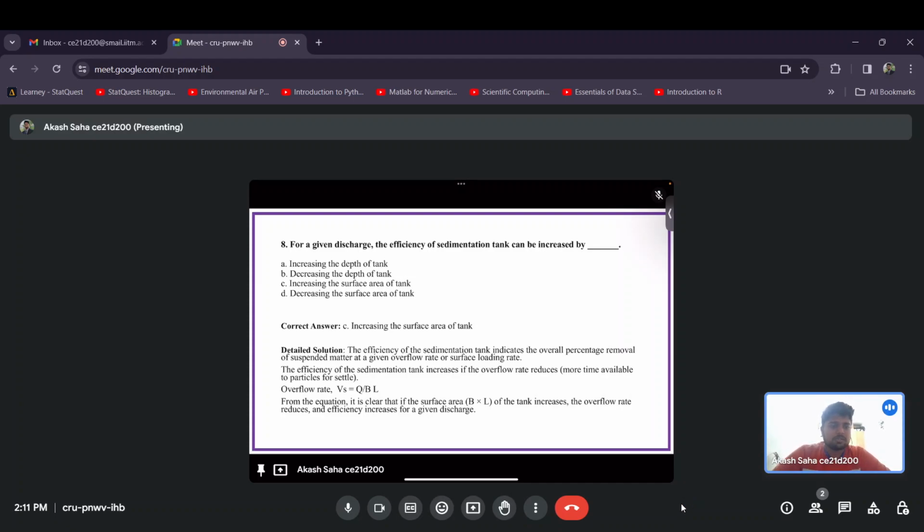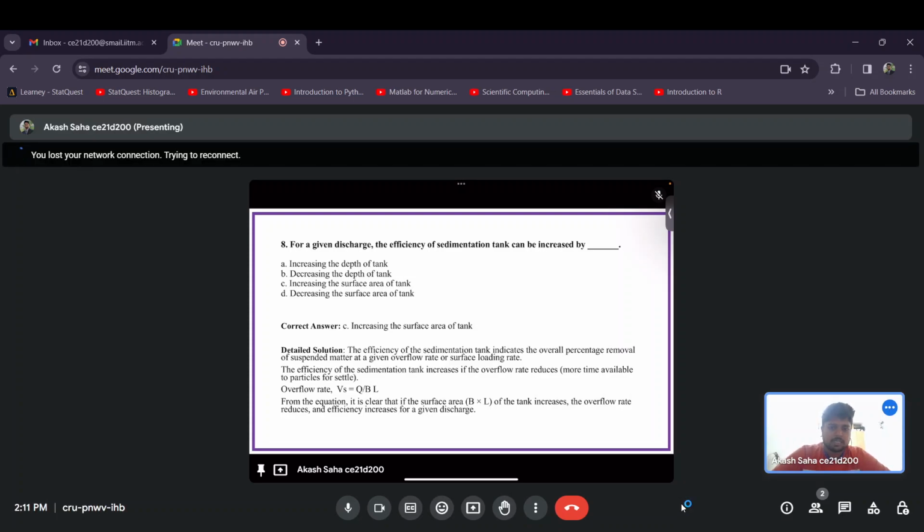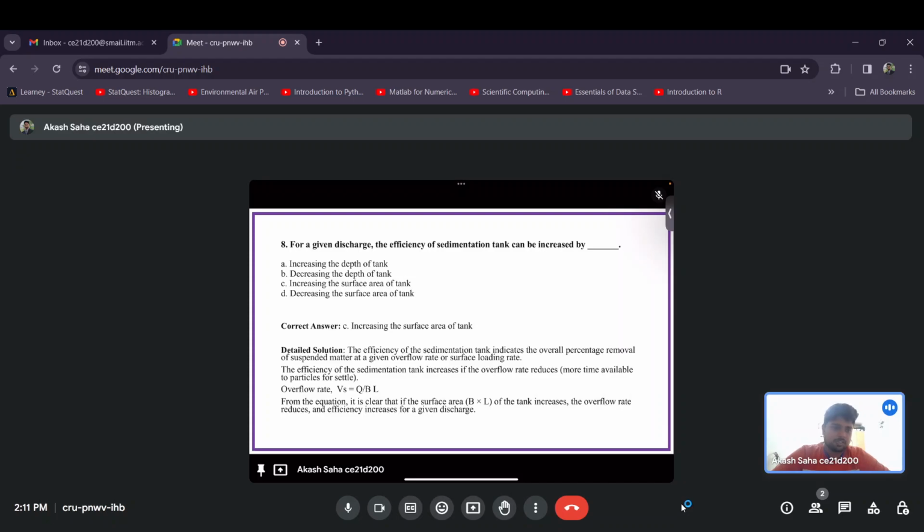So to give more time to my particles to settle, my overflow rate should decrease. Now the overflow rate, as we have solved in previous problems, is given as discharge by surface area. So if the overflow rate has to decrease, the denominator has to increase, that is, the surface area, B into L, has to increase. So as per the options, increasing the surface area of the tank will help in achieving more efficiency by achieving a reduced overflow rate.